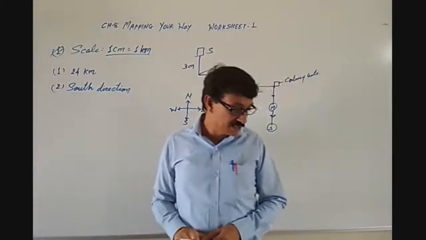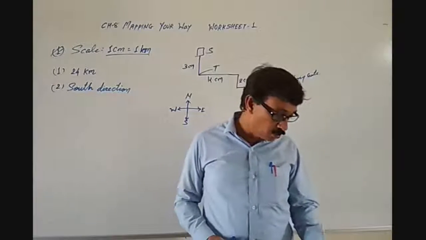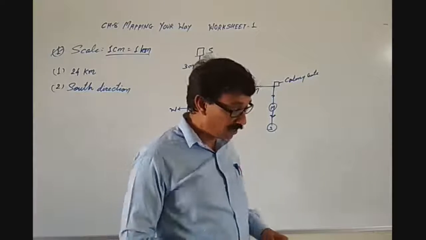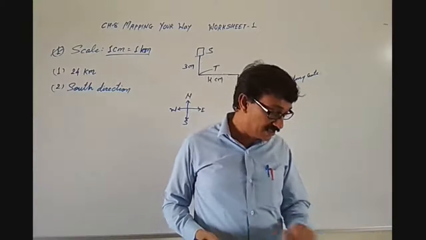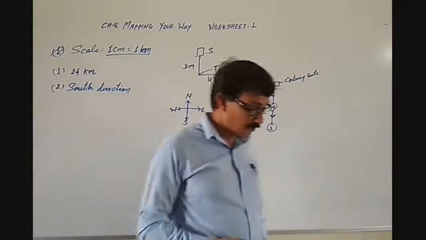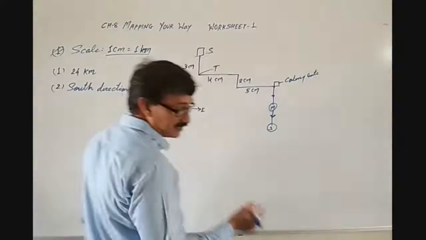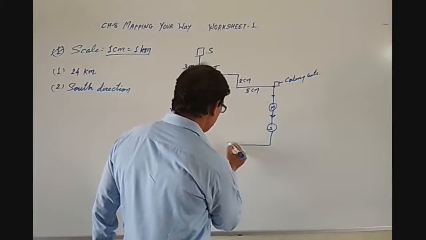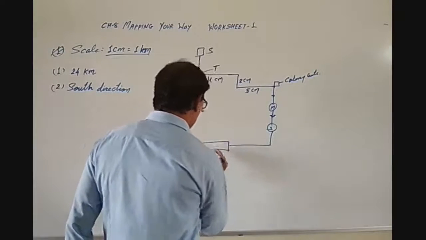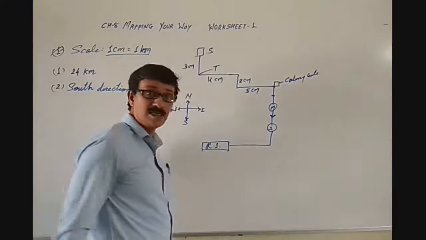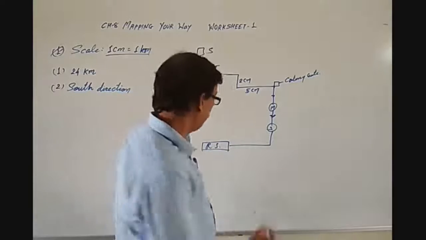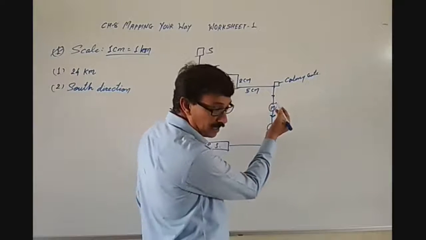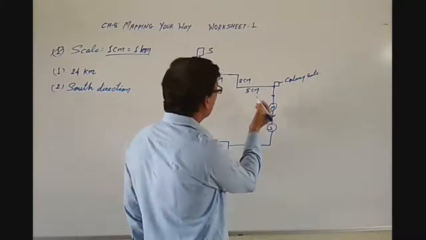Now the second question, what is the distance between hospital and railway station? Now first of all we have to find out where is the railway station, isn't it? So the railway station, school, once again we have to go in this way, and here somewhere it is railway station, isn't it? So now let's write this also. And now where is the hospital?